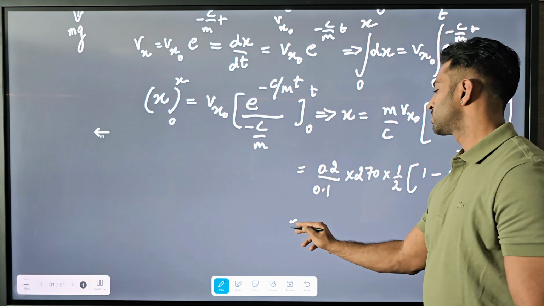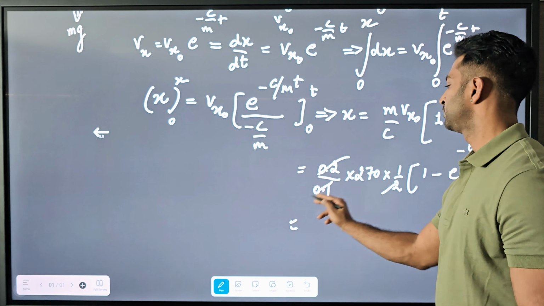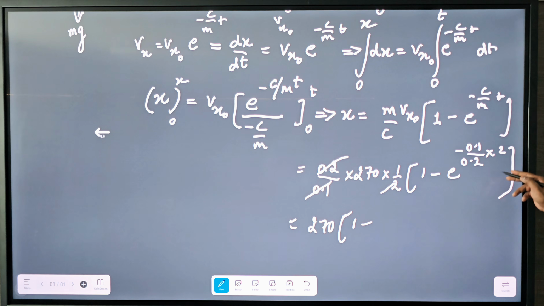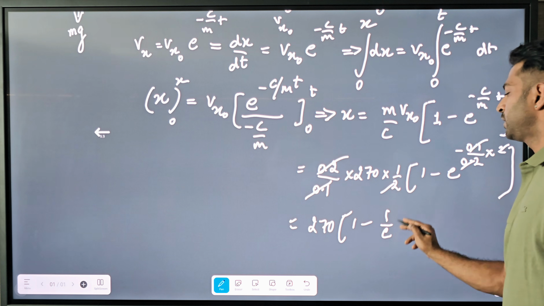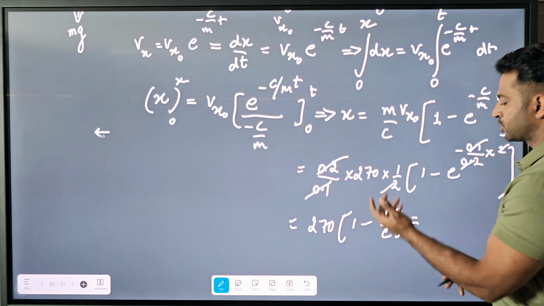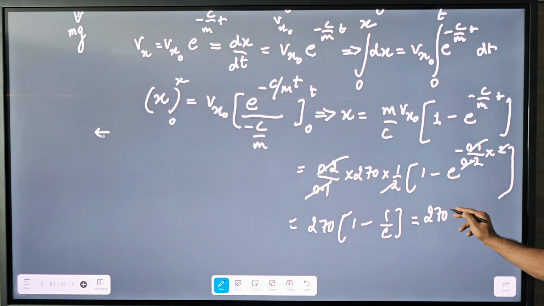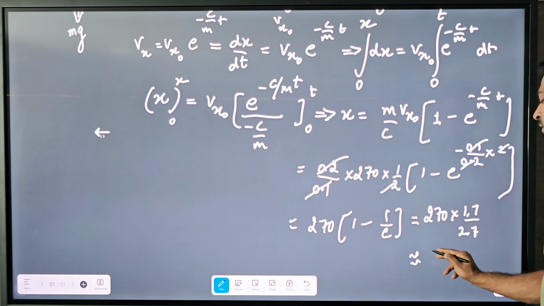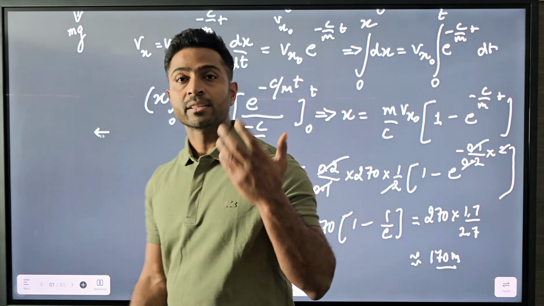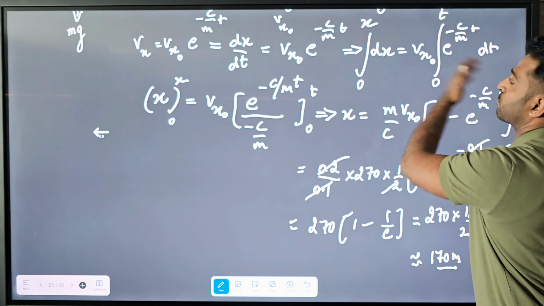This whole thing becomes 270 times 1 minus, since this also goes, e raised to the power minus 1 is 1 by e. e is given as 2.7, so 2.7 minus 1, that is 1.7 upon 2.7. The answer is roughly 170 meters. That's how you do it. That is the x coordinate, the horizontal distance of the body from the wall.